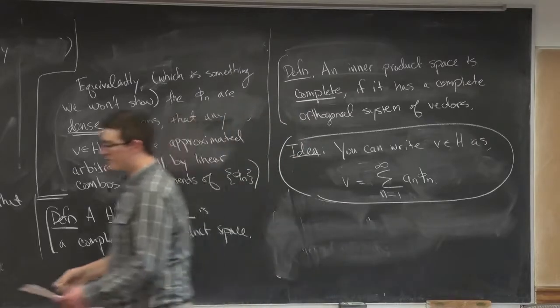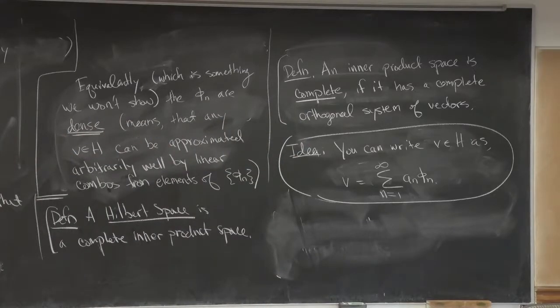So it's like the infinite dimensional version of having a bunch of orthogonal vectors and inner products. When people talk about Hilbert spaces, that's what they mean. So the book uses this definition.